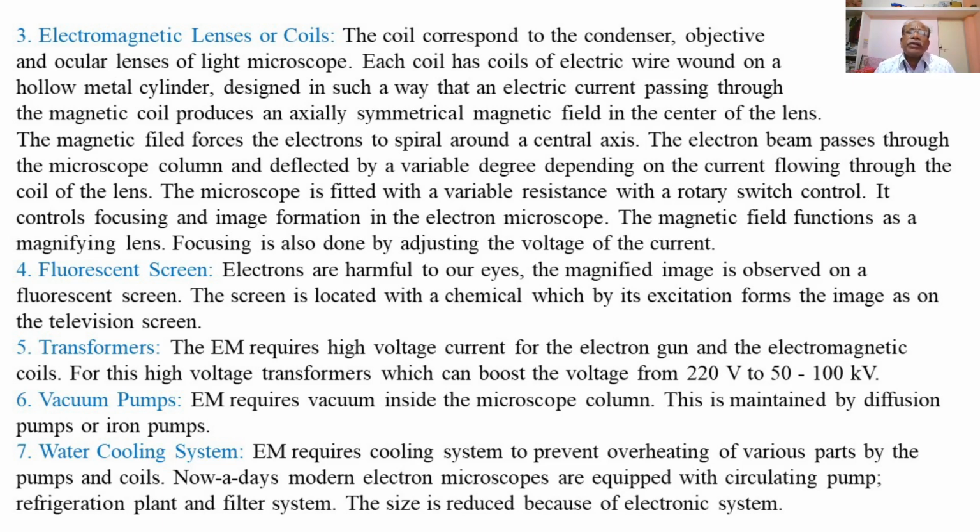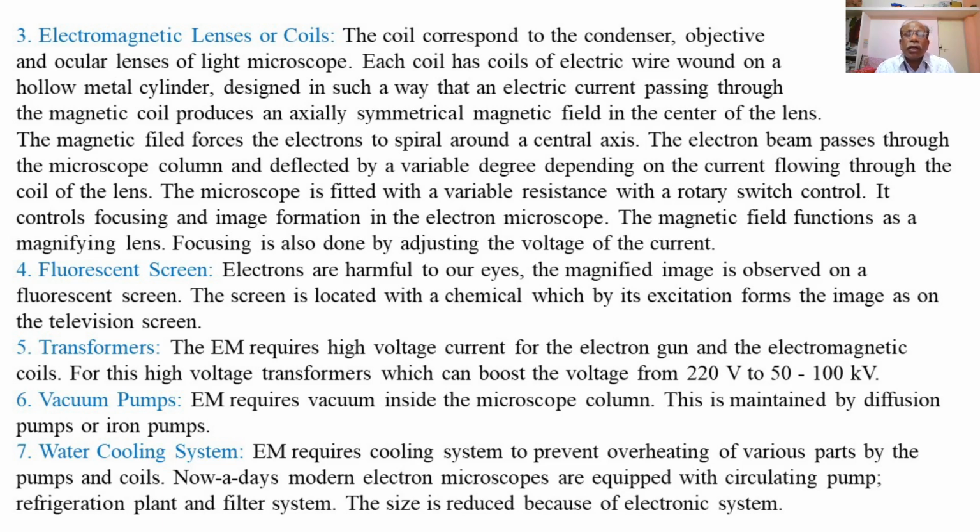Then next is vacuum pumps. The electron microscope requires vacuum inside the microscope column, and this is maintained by diffusion pumps or ion pumps. Then it also requires a water cooling system. The electron microscope requires a cooling system to prevent overheating of various parts by the pumps and coils.